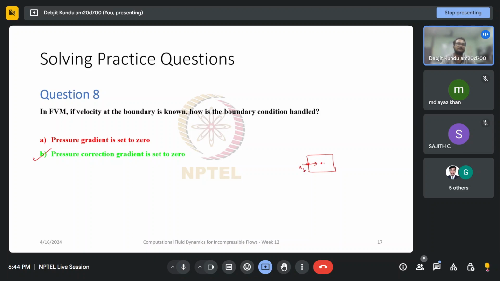Then what I'll do is that, let's say this is PP and there is some fictitious cell over here. I'll call this PB maybe.